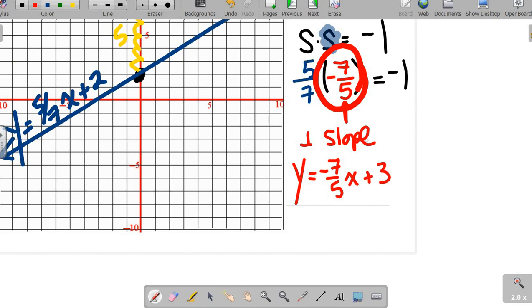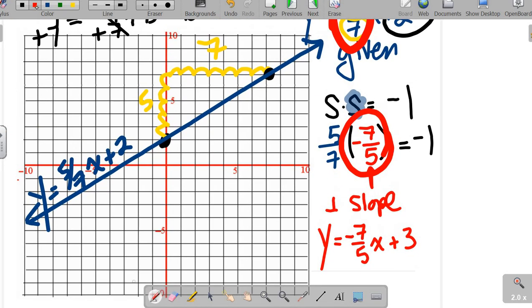Let's go ahead and graph that and see what happens. There's our y-intercept. Let's count our slope out. That's -7/5.